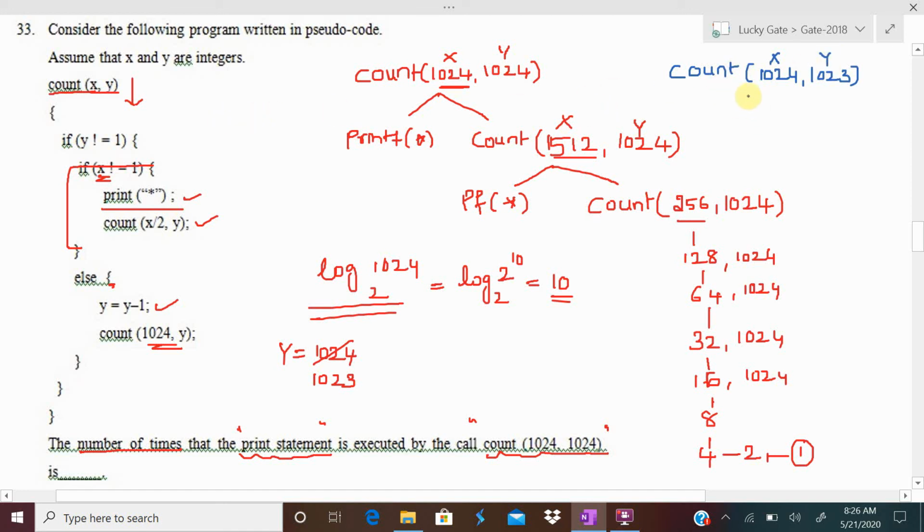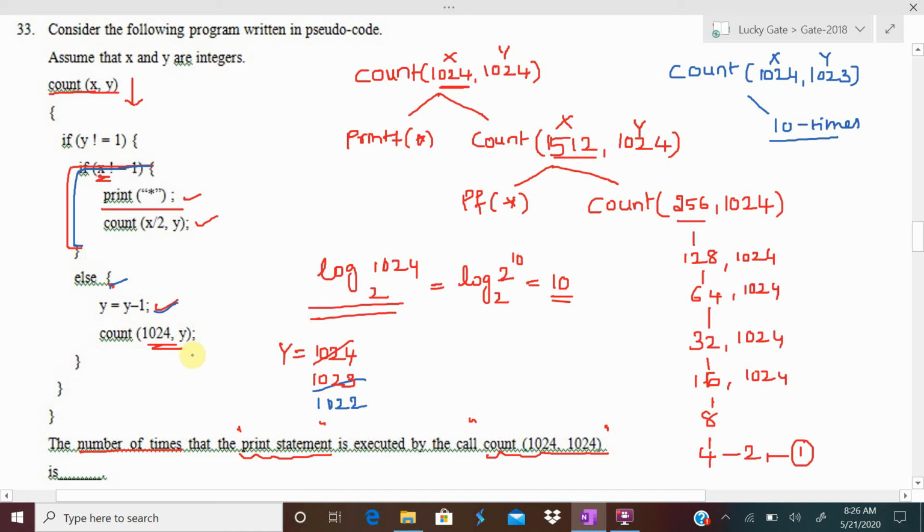So again count is called. Again this count will repeat for how many times? 10 times. After 10 times, when x becomes 1, this condition fails, it goes to the else part. Y is going to become 1022.